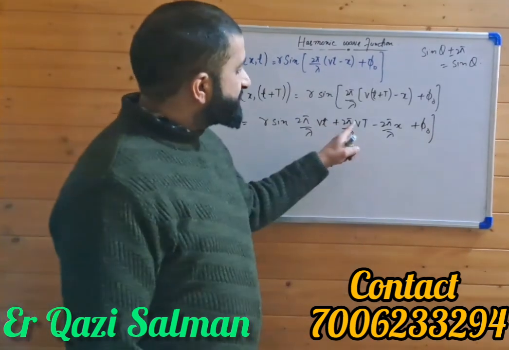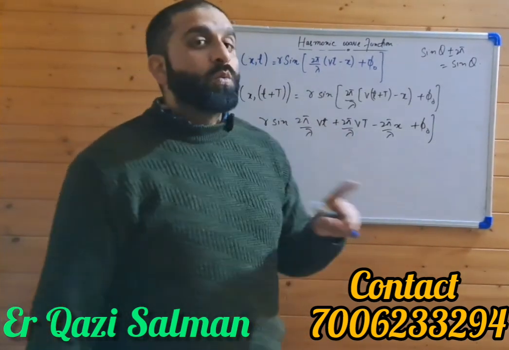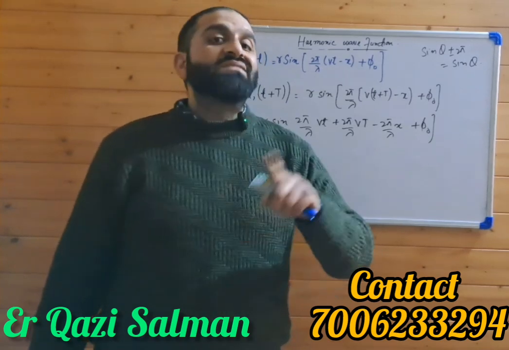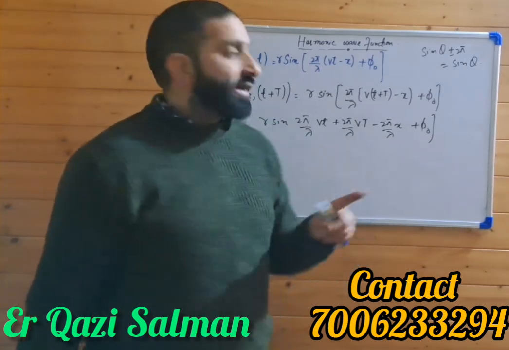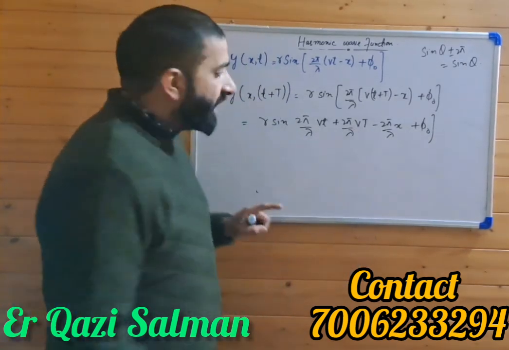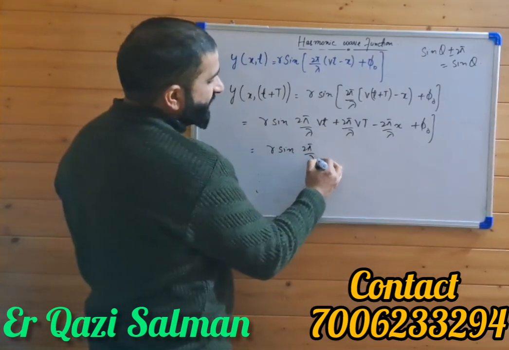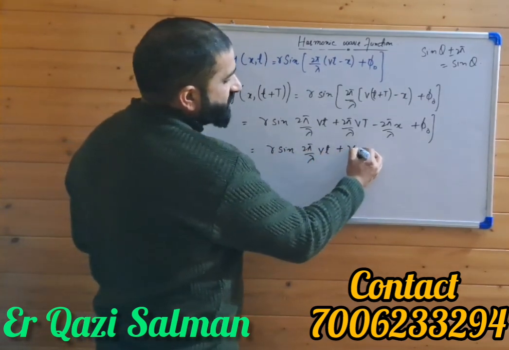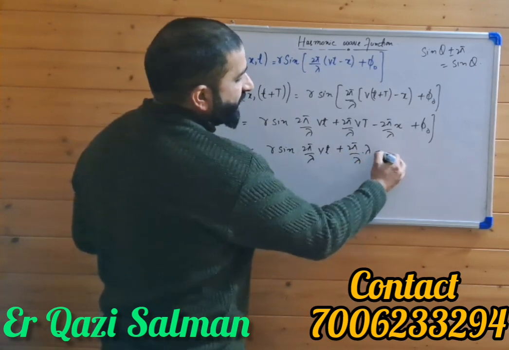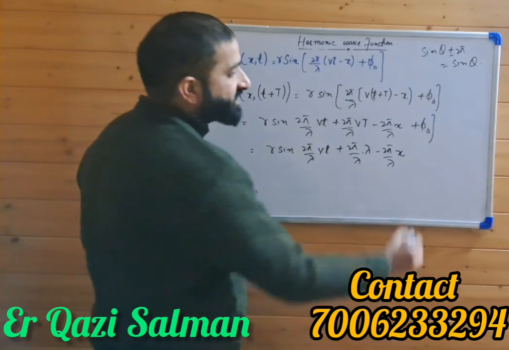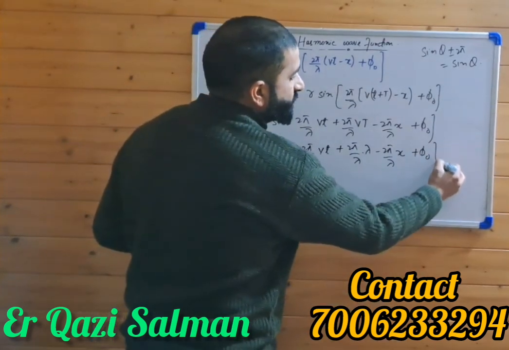Now here v is the velocity of the wave and T is the time period for one full cycle. In one full cycle it traverses a distance of lambda. So here vT is equal to lambda. That is equal to r sine of 2 pi by lambda into vt plus 2 pi by lambda into lambda minus 2 pi by lambda into x plus phi 0.